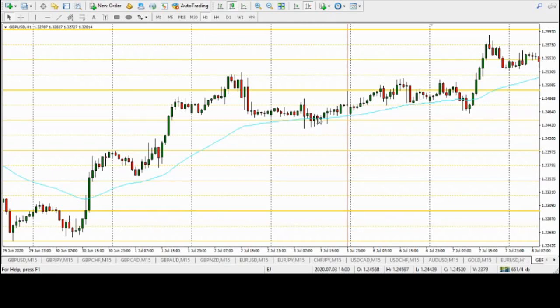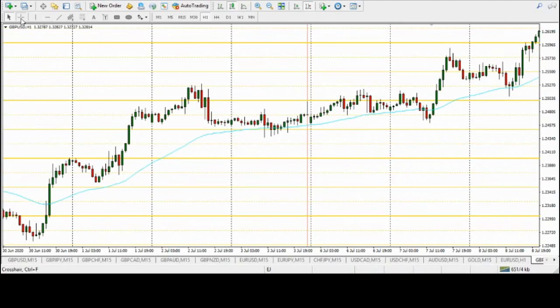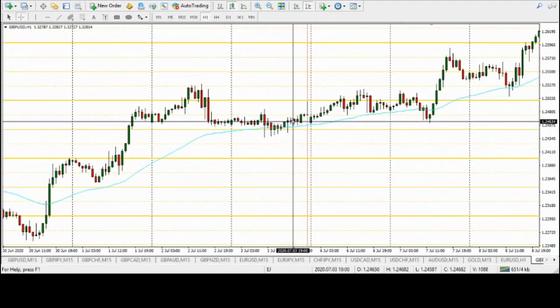So at this moment we do not enter. Then comes the red one, the blue one, and then this one engulfs these other candles. When we see this, guys, and it's happening at the numbers, we position ourselves and take the trade.